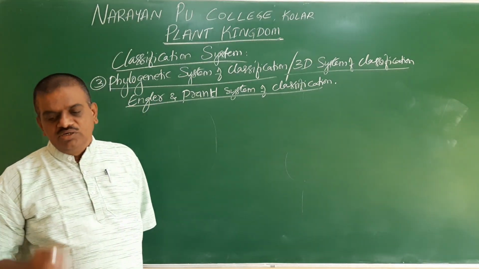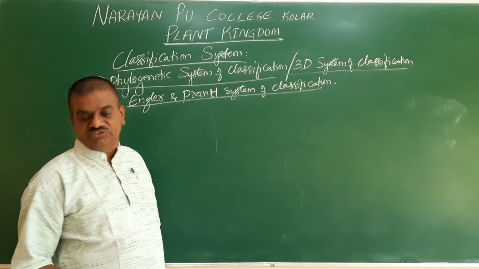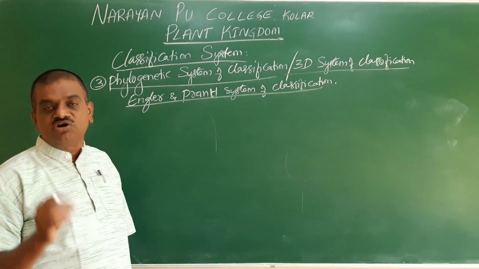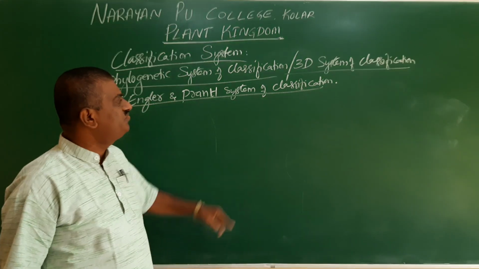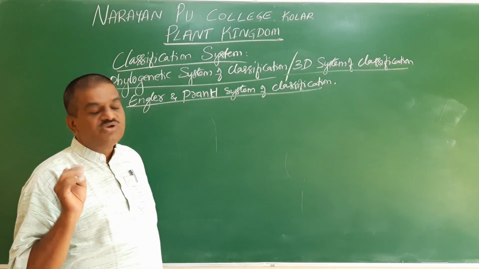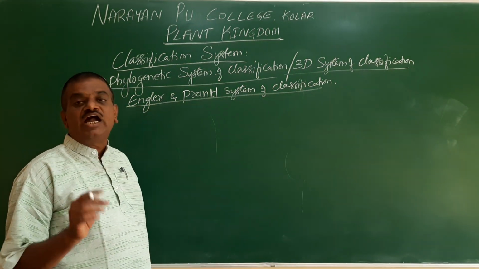We go for the next one, called the phylogenetic system of classification. This phylogenetic system is called the third type of classification. It is also called the Engler and Prantl system of classification.